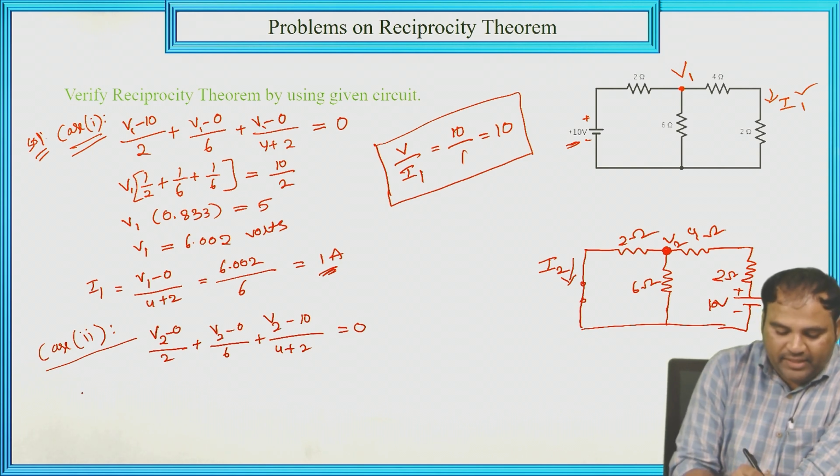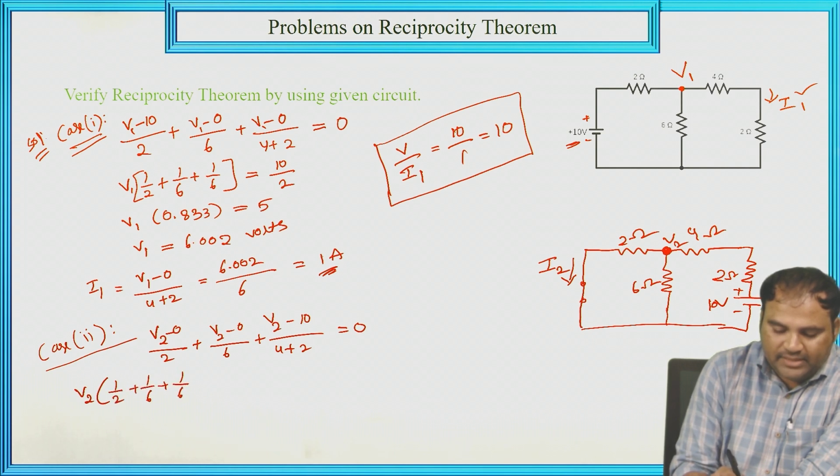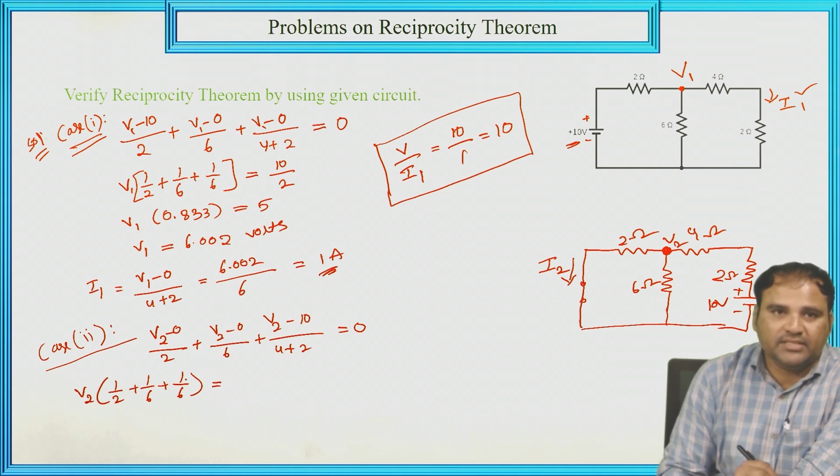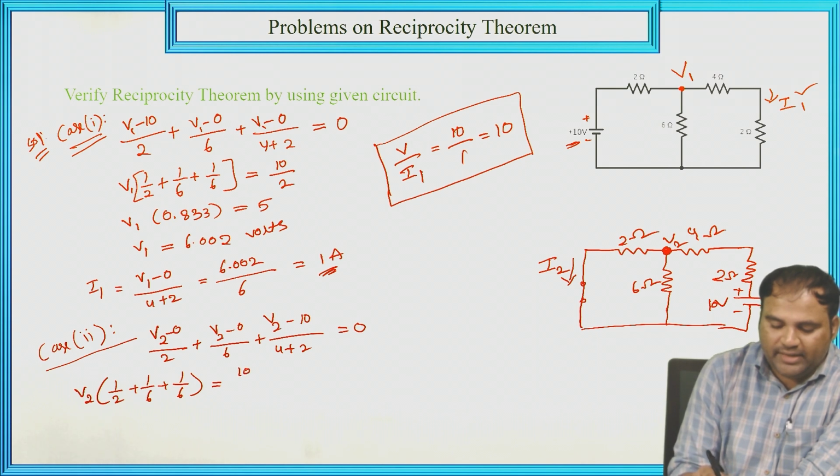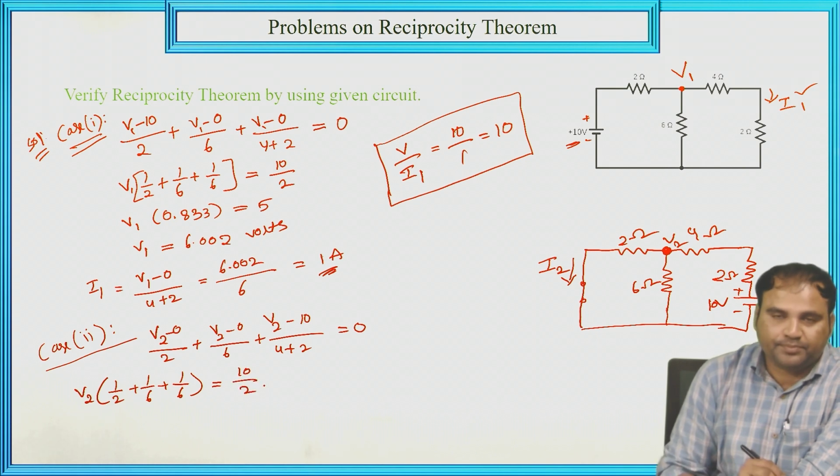Now simplify the equation. So V2 into 1 by 2 plus 1 by 6 plus 1 by 6 is equal to, again minus 0 by 2 is there, minus 0 by 6 is there, minus 10 by 6 is there, that should be equal to 10 divided by 6.